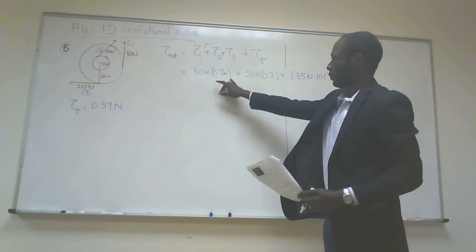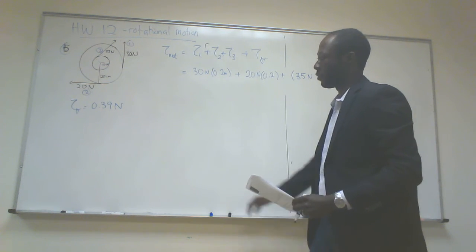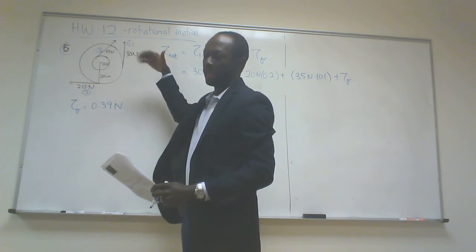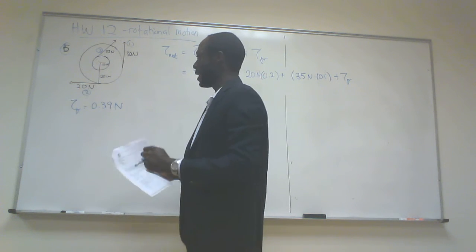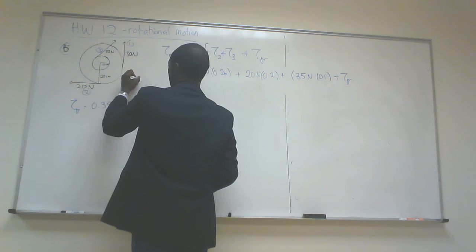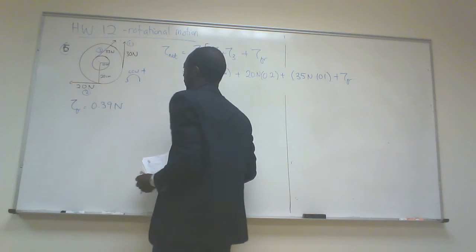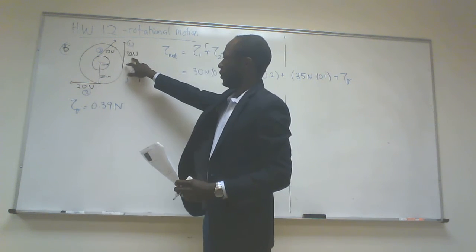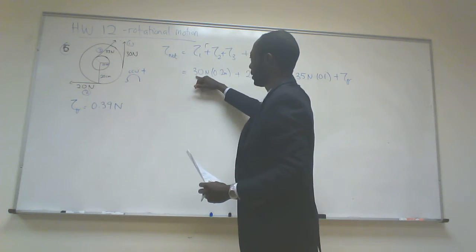All right, but you notice I don't have any negatives or positives here, and we'll have to go back and consider whether the torques are giving us clockwise or counterclockwise rotations, and put in the appropriate signs in this equation. So if we say counterclockwise is positive, then the 30 Newton force is giving us a counterclockwise rotation, so that should be positive.